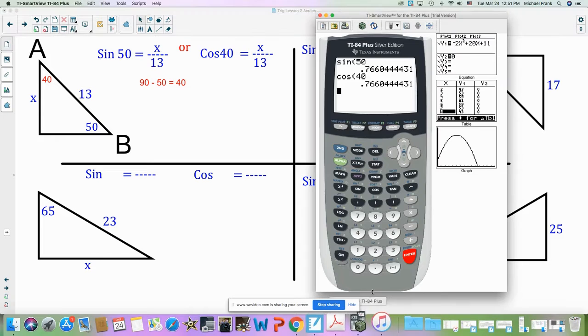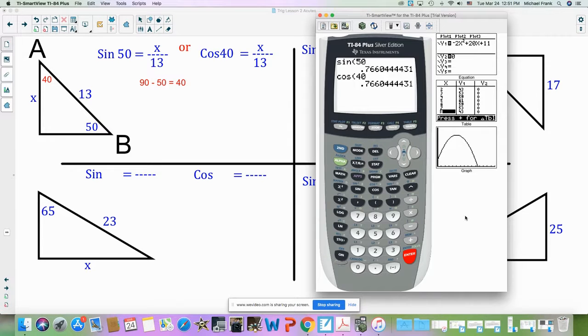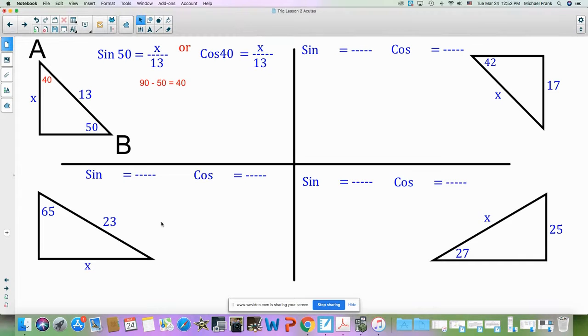One thing you can always check in your calculator: I put in the sine of 50, and it's a long decimal, 0.7660444431. And the cosine of 40, I also put in and hit enter, and it's exactly the same, right? The sine of an angle will always be equal to the cosine of its complementary angle.